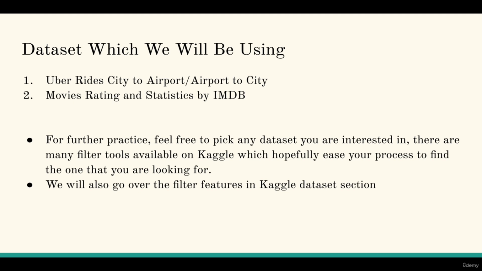The first one is related to the transportation niche, and the second one is related to the movies or entertainment niche. So again, my main goal here, my main motivation by choosing two different datasets from two different fields, is because I want to make you guys comfortable exploring datasets from as many fields as possible.